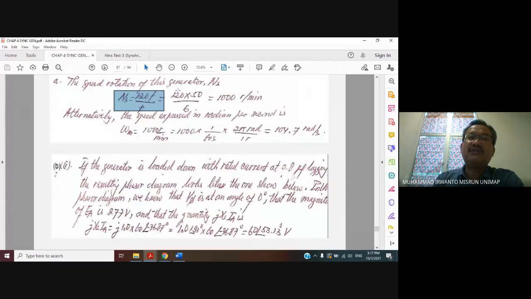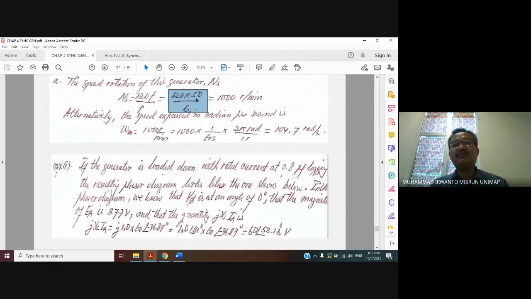F is 50 and P is 6. So the speed of rotation of this generator is 120 multiplied by 50 over 6. We obtain 1000 RPM, revolutions per minute.